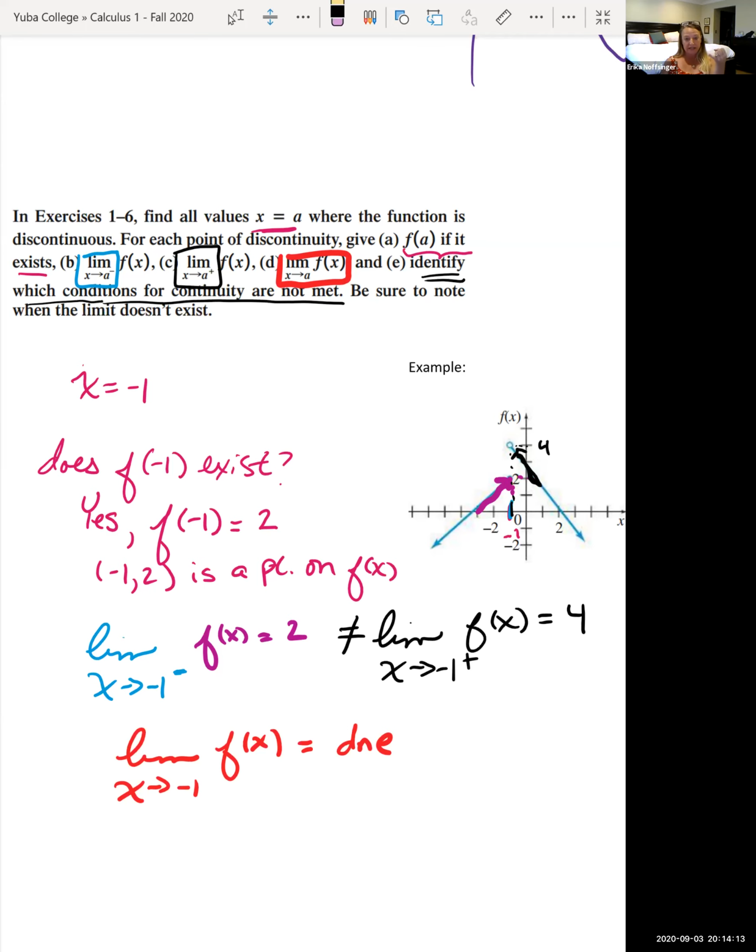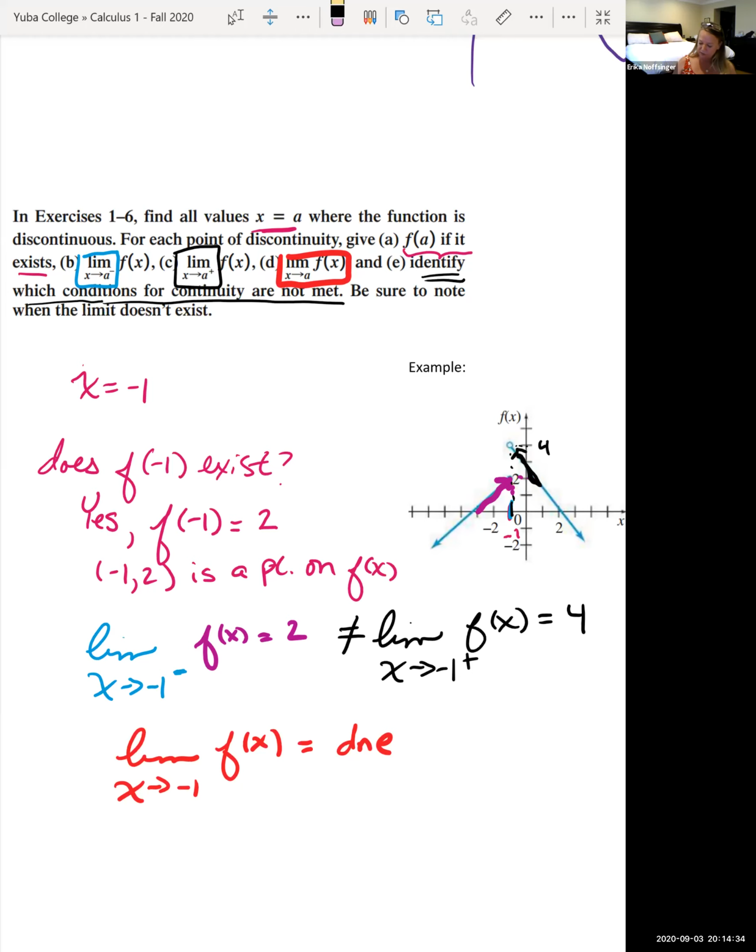So first of all, it had to exist. When x was -1, it had to be a point on the graph, which it did. The next condition was, or one of them was, that the limit had to exist. And we just showed because the left doesn't equal the right, it doesn't exist.